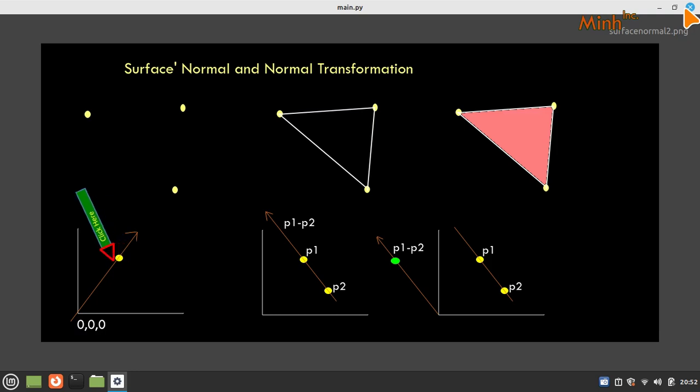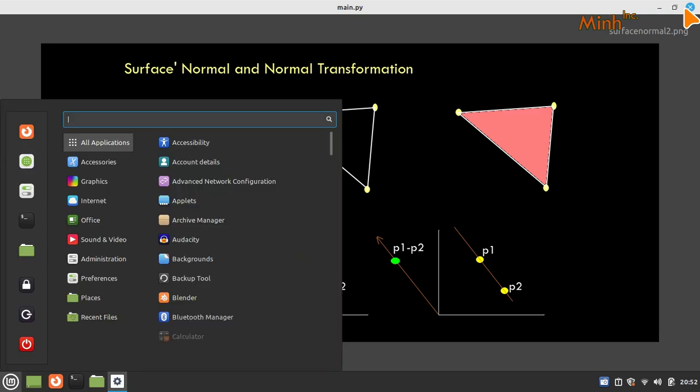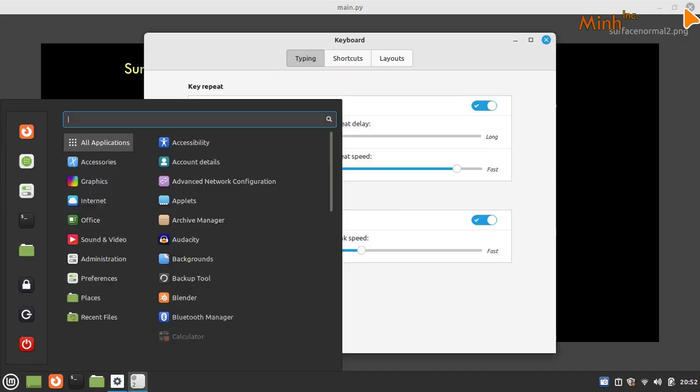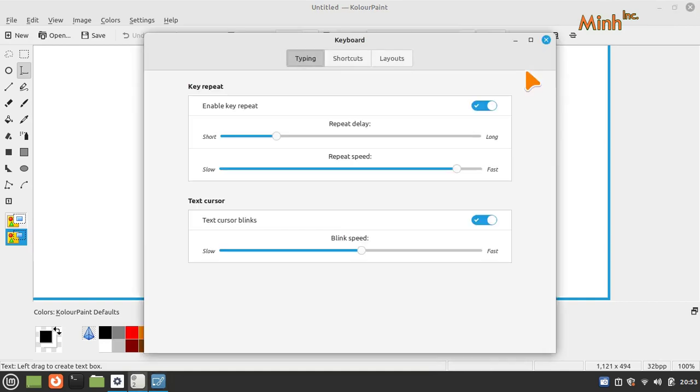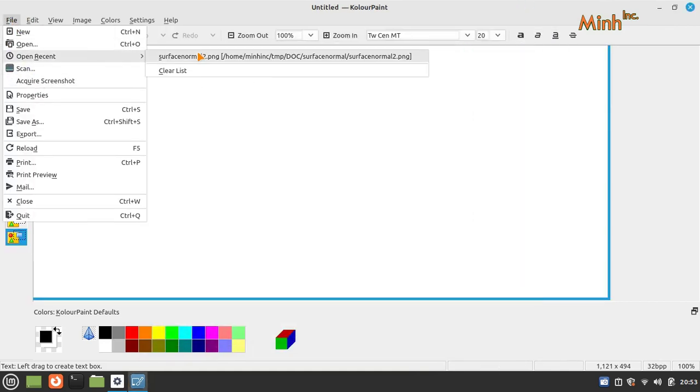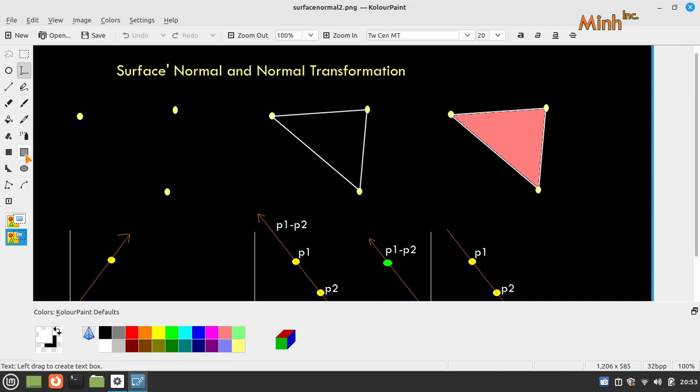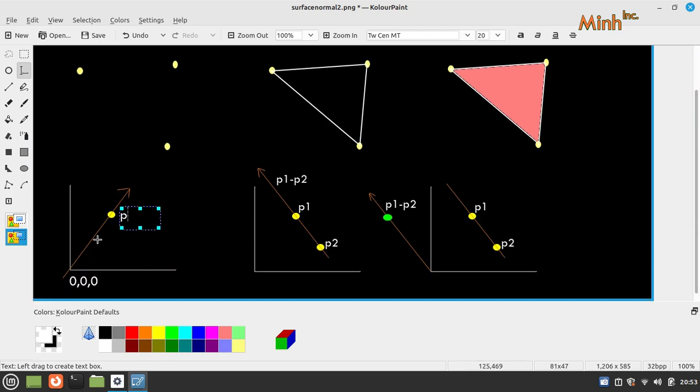The magnitude can be represented as the length of P, and if it is x, y, z, then it is x square plus y square plus z square, and a square root.